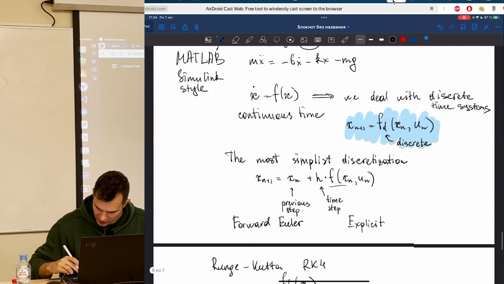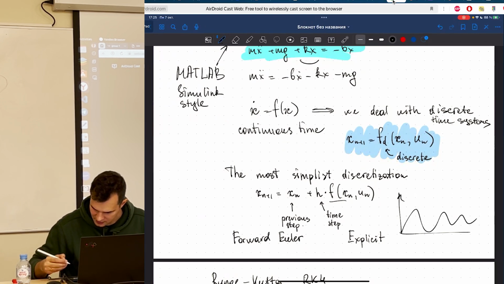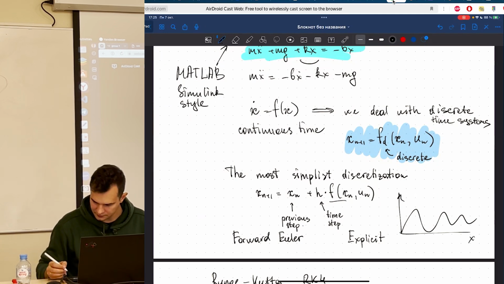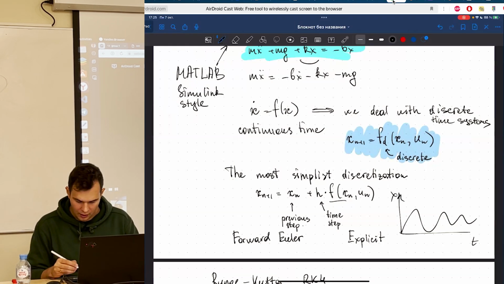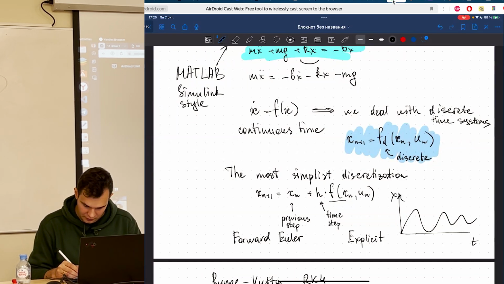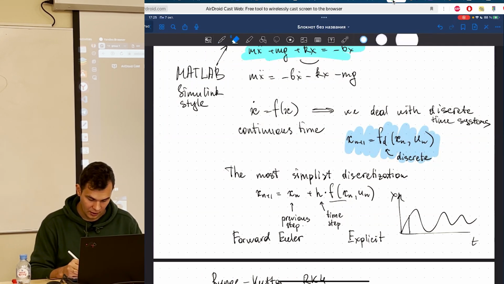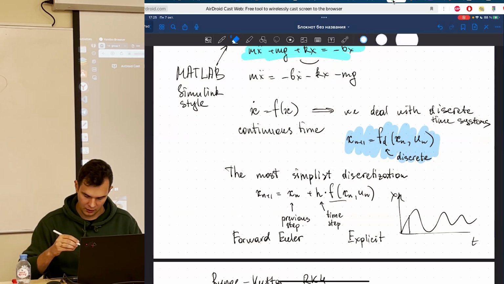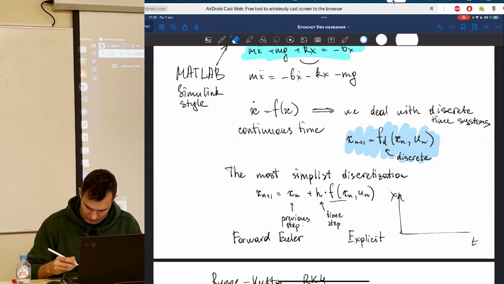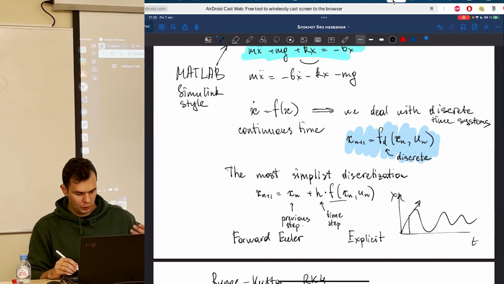Look, if you have a behavior like this, and it is like a state against time, in order to compute the next step, you just make a fixed approximation which is linear.